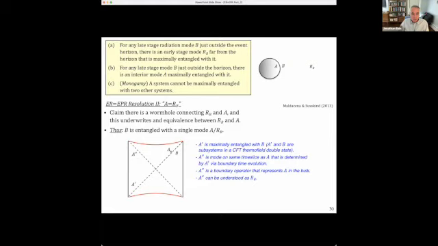Now A double prime is understood to correspond to a late stage radiation mode RB. And so in this context, we can say A double prime and A are connected by a wormhole insofar as they are on the same spatial slice of extended AdS Schwarzschild spacetime.